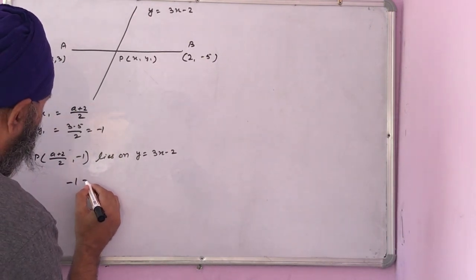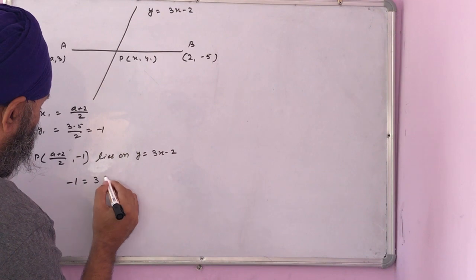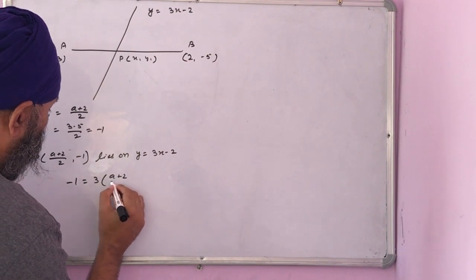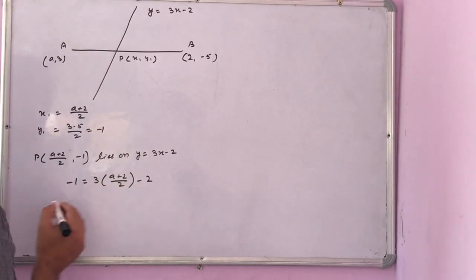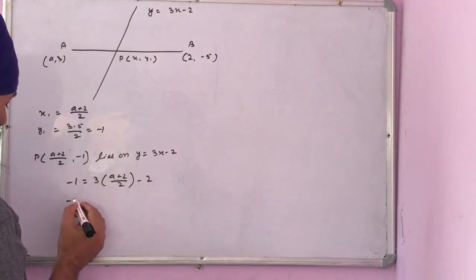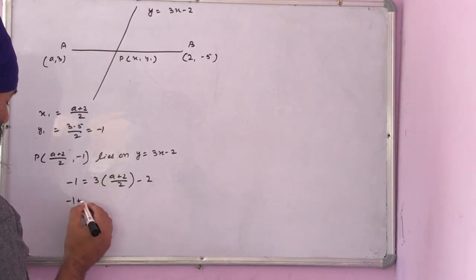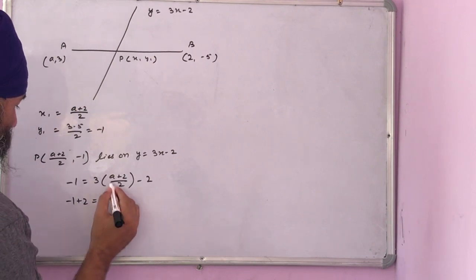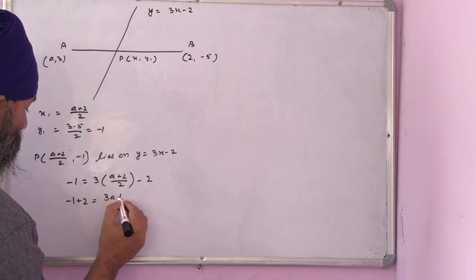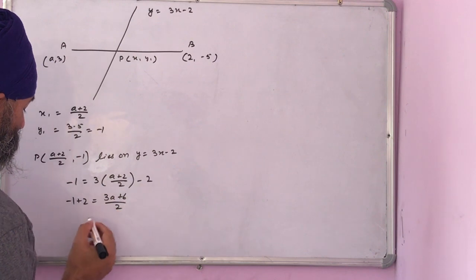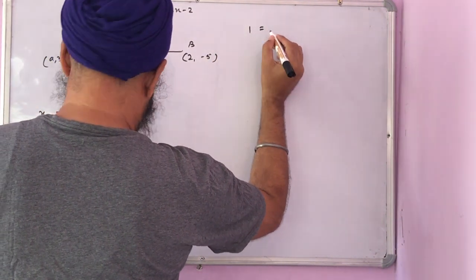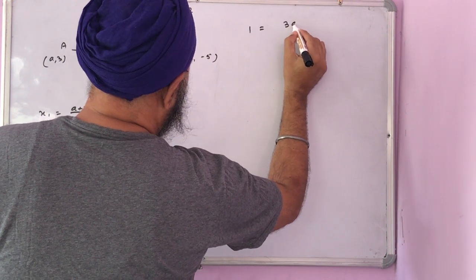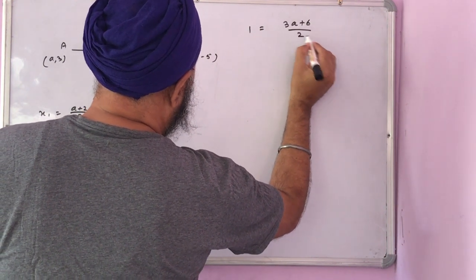So minus 1 is equal to 3 into (a plus 2) by 2, minus 2. This minus 2 will get added. Minus 1 plus 2 is 1. 1 is equal to (3a plus 6) upon 2.